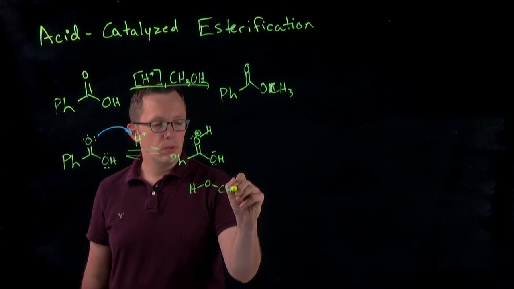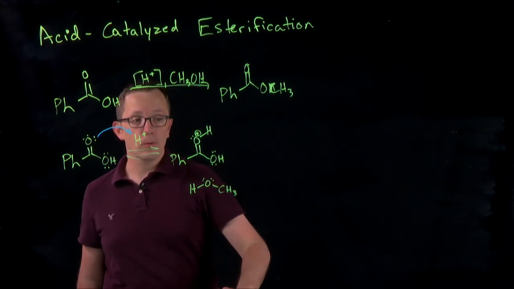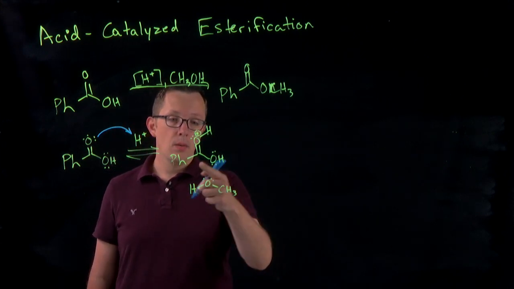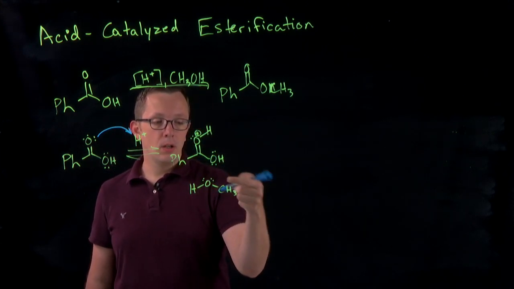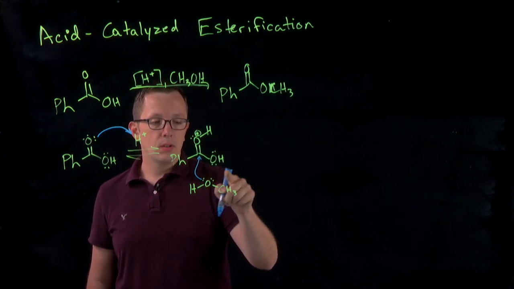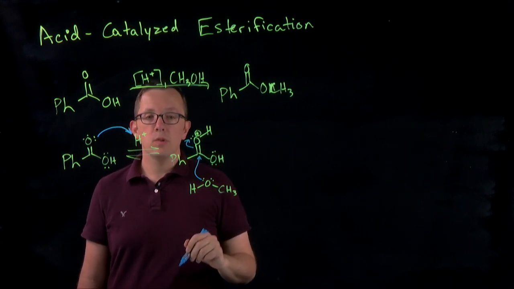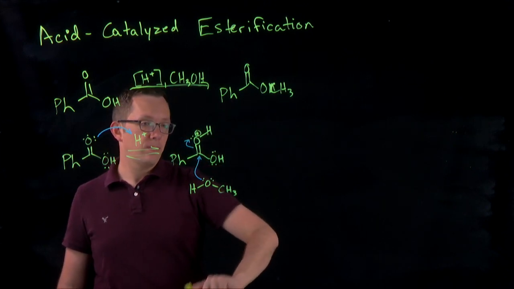we're going to take a molecule of methanol, and it's going to act as a nucleophile now. Because we've activated the carbonyl, our weaker nucleophile, such as an alcohol, can attack the carbonyl carbon, and then we're going to push electrons up towards that positively charged oxygen.